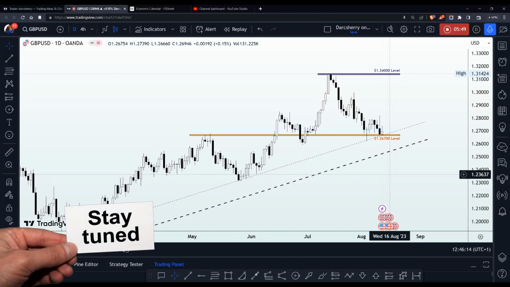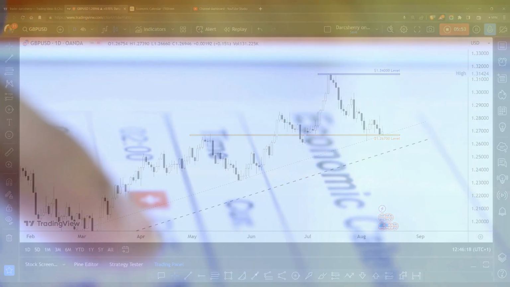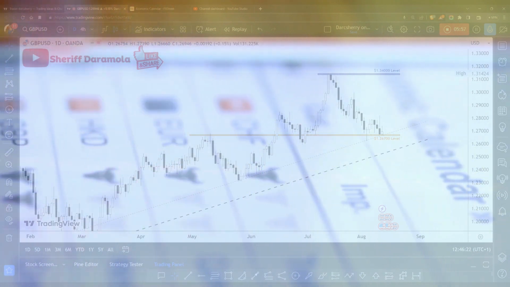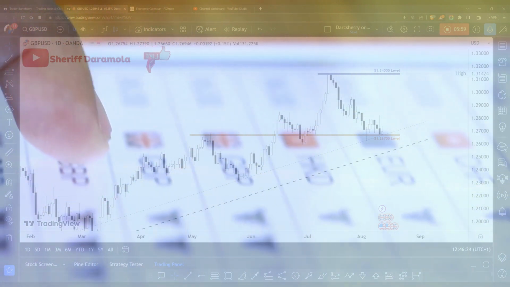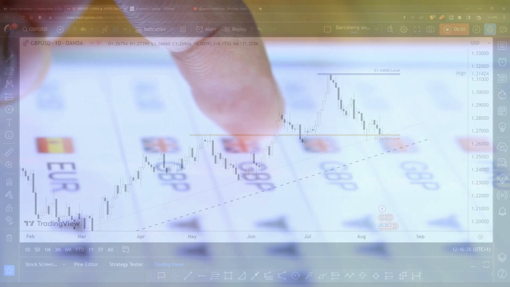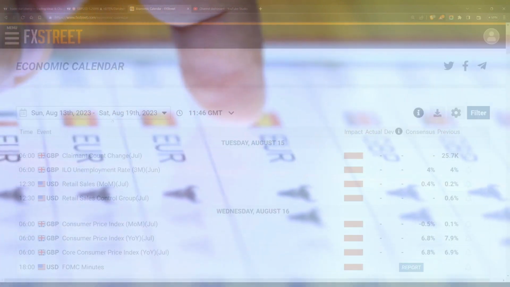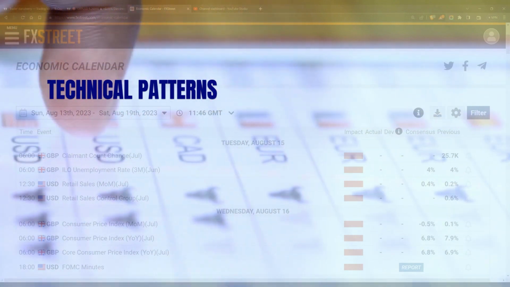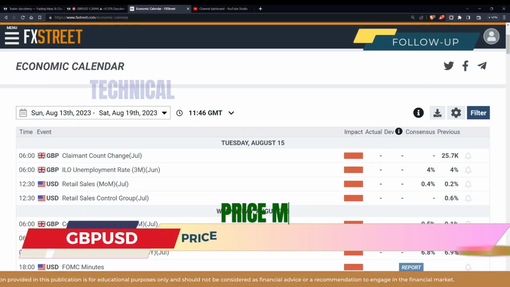But before we go into the 4 hours time frame, I would like us to visit the economic calendar to check what majority in the market will be looking forward to from the fundamental perspective. And of course, we all know that these fundamental factors often manifest on the chart in technical patterns and price movement.